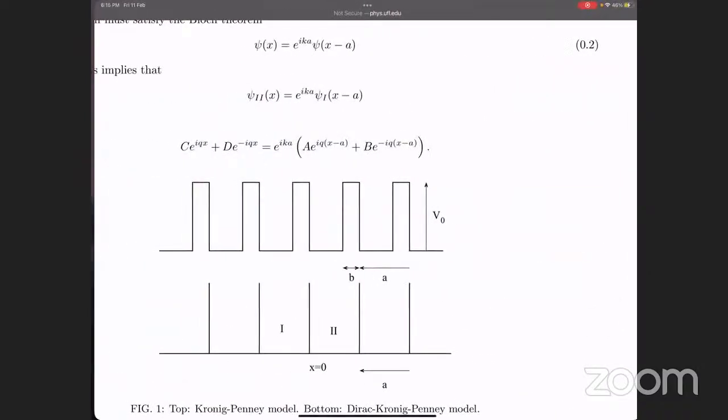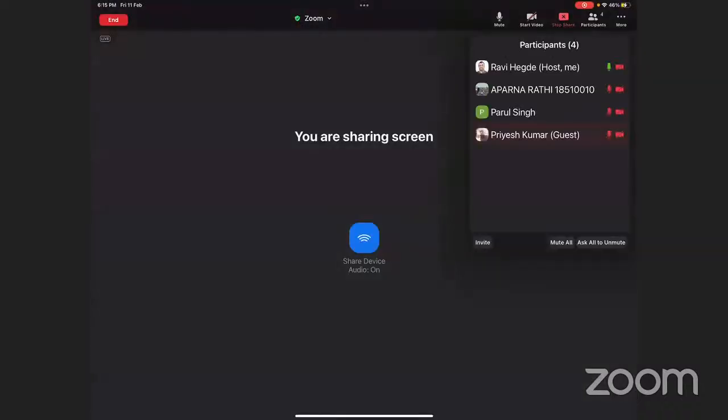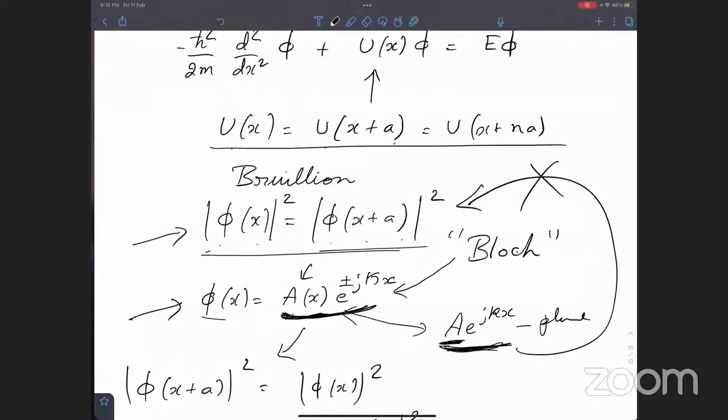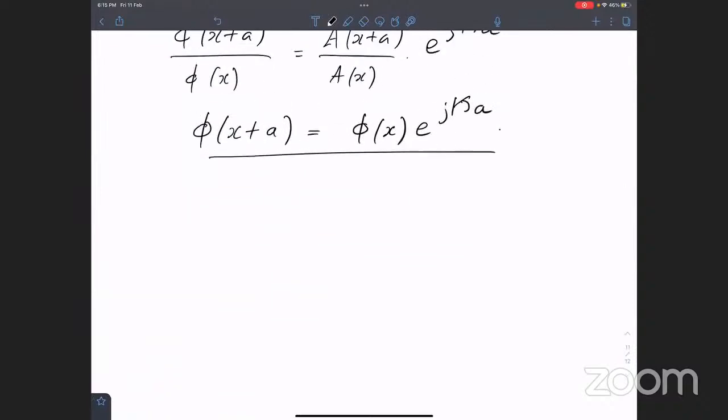Any questions about this? Are people following this? So the wave function has to satisfy this property: phi of x plus a is equal to phi of x into e to the power j k times a.